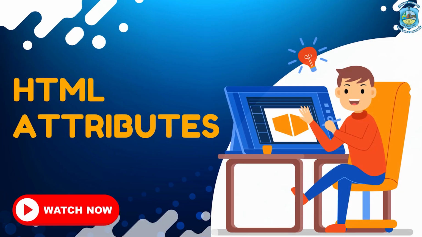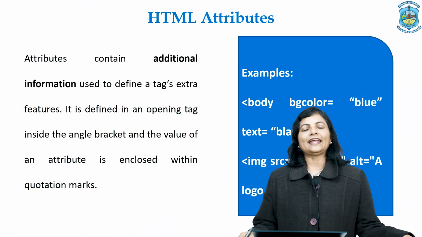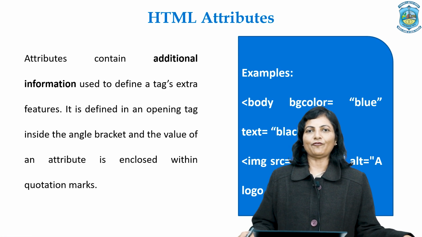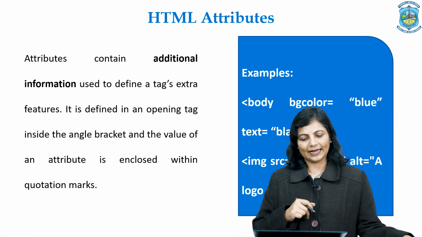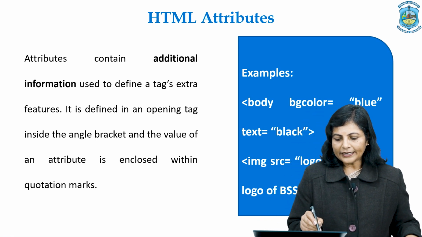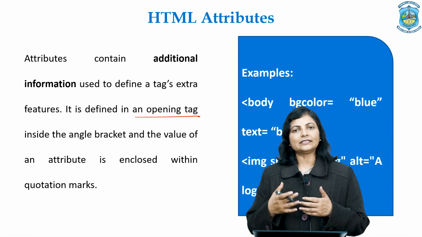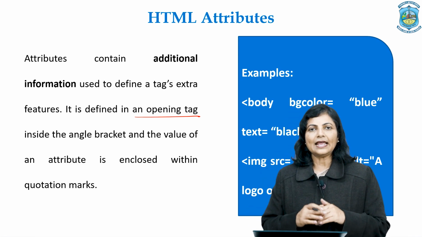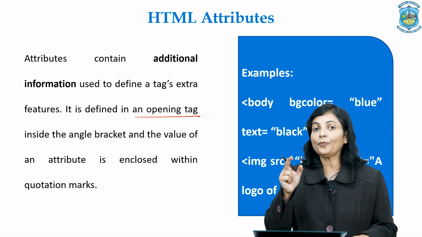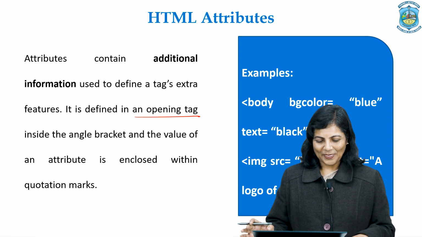Apart from tags, we have attributes. Attributes contain additional information or additional features of any tag. They are defined in the opening tag, and always the attributes of a particular tag are defined in the opening tag of that particular tag.